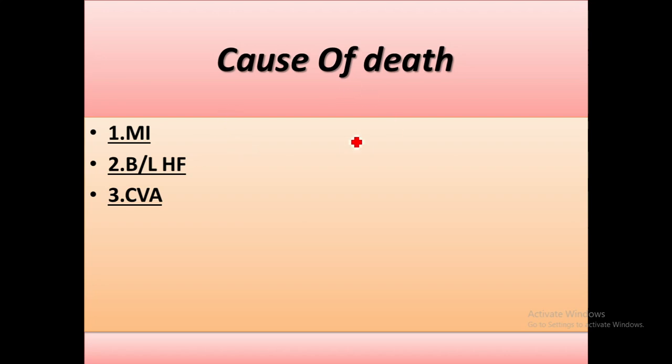Cause of death can be myocardial infarction or bilateral heart failure, as valvular lesions can cause both pressure and volume overload, which can result in bilateral heart failure, or there can be a cerebrovascular accident resulting in death. So this was about valvular heart diseases and autopsy findings which can be seen in case of valvular heart disease.